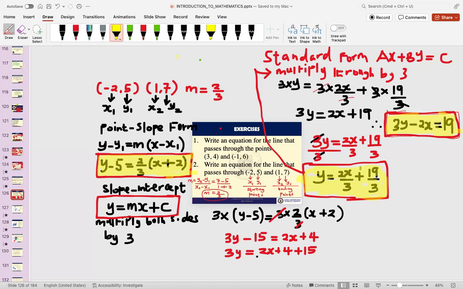And that is the proof I want to do with you so that you understand the statement I've made, that the slope intercept form equation, the standard form equation, and then the point slope form equation are the same. Now let's test it. Let's test what I'm saying, whether it is true that they are the same. And then we can be sure.